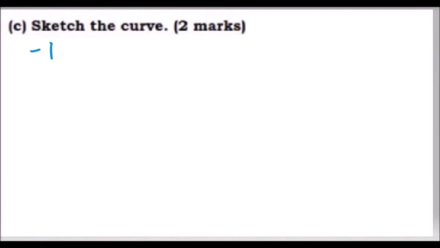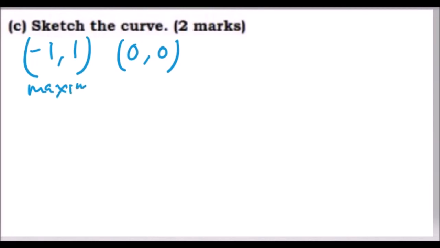that is a turning point. At that point, minus 1, 1, we have said it is maxima, and at 0, 0, this is minima, as we have said in the previous part. So to sketch this, note the word is to sketch.